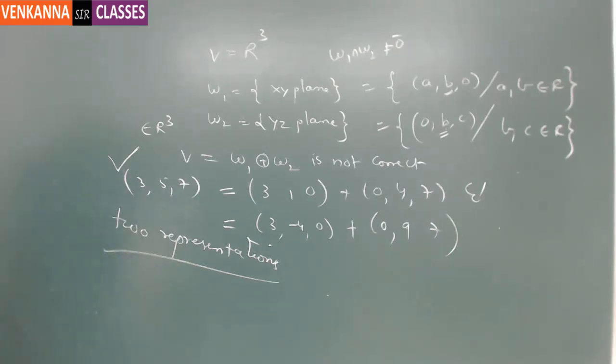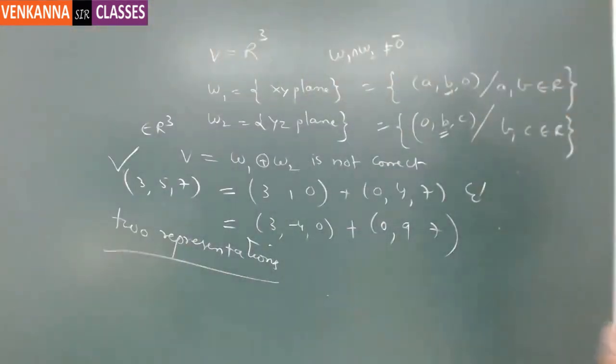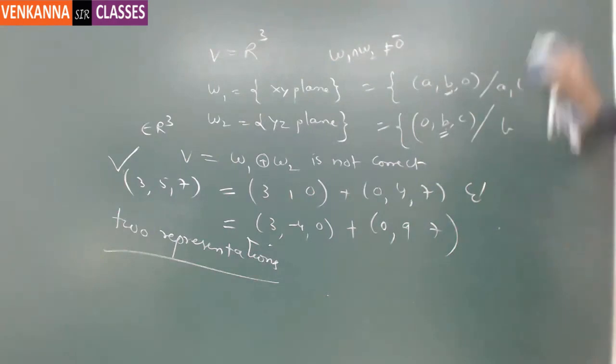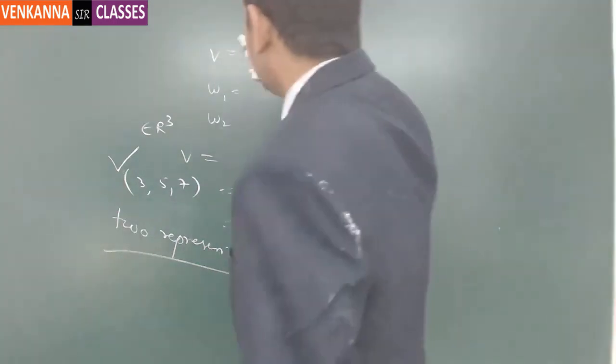So let us take some other examples. Now, writing a linear combination is not only applicable to vectors, it is also applicable to matrices.